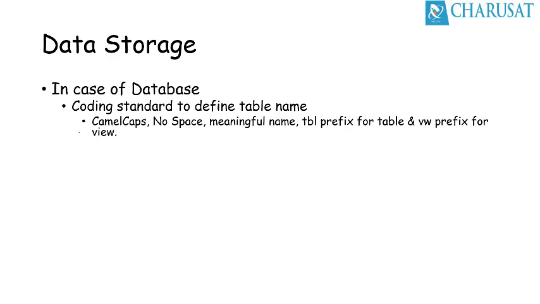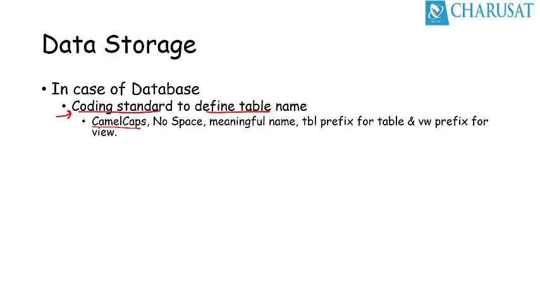The first step in coding a database is that a coding standard has to be defined for table names and the internals of a table. So use camel caps. This is a coding standard. Camel caps means there is no space between two words, and the first letter of each word is capital.